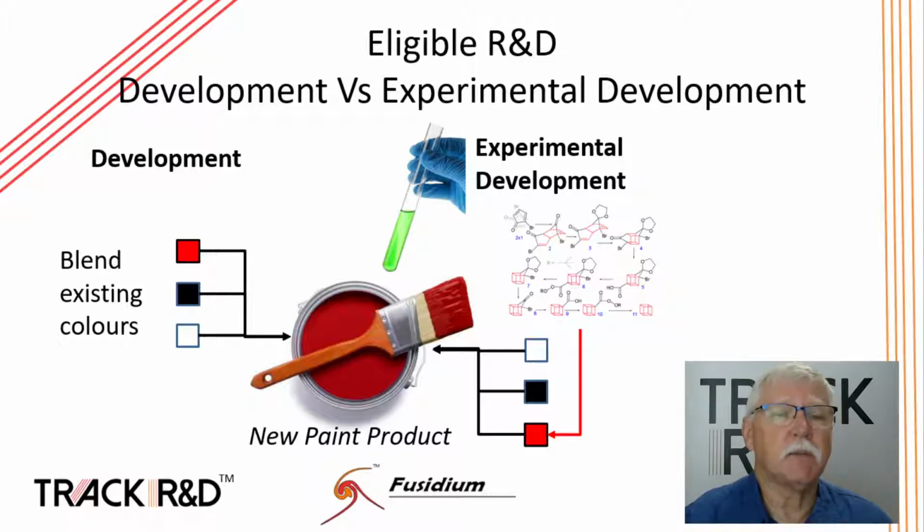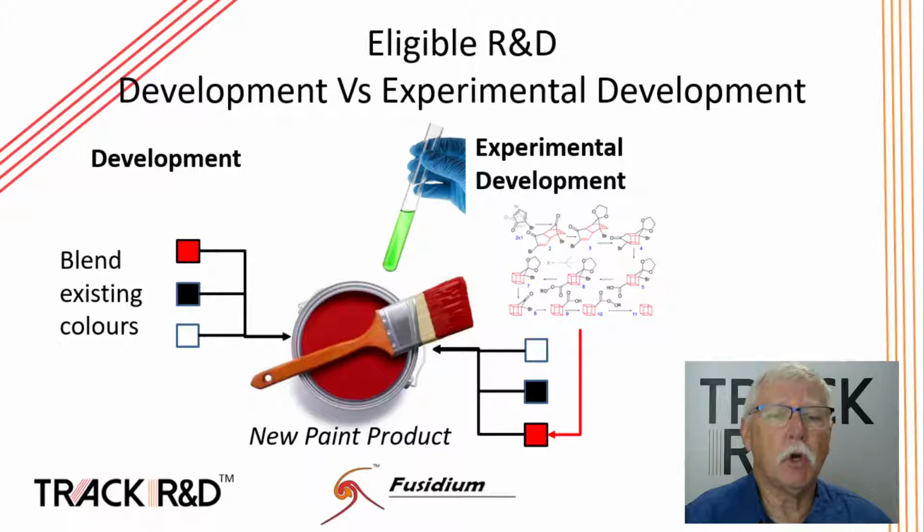They asked the technical team within R&D to develop a range of new paint products with a heritage colour scheme. The team gets to work taking existing colours, blending them into existing paint base to create new colours.